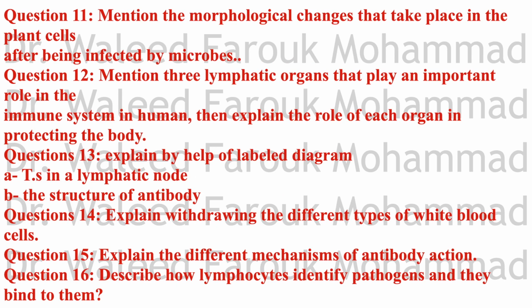Okay. Mention the morphological changes that take place in the plant cells after being infected by microbes. This is known as the cellular immune structures, such as swelling of the cells or the cell walls of epidermal cells and the cells under the epidermis during the direct penetration of the pathogen.